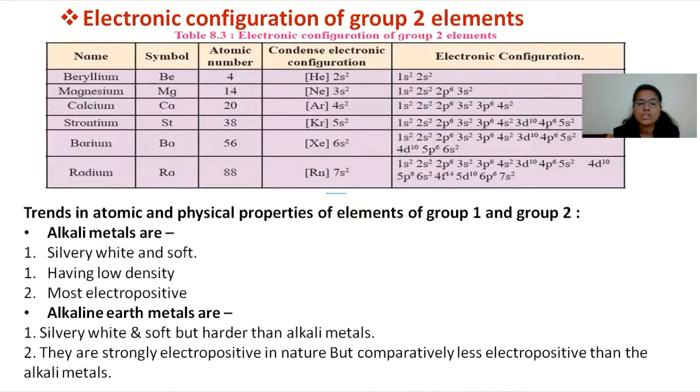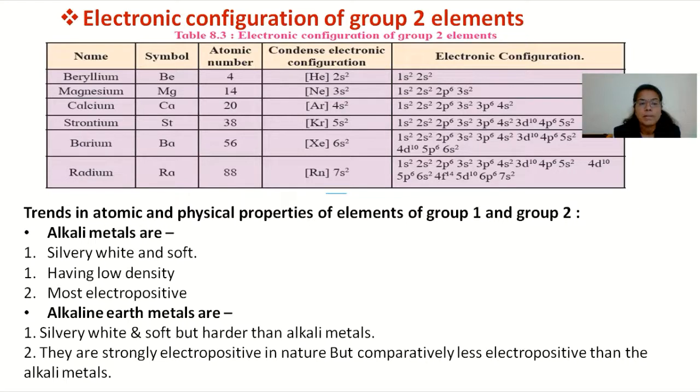Now electronic configuration of group 2 elements. The elements are beryllium, magnesium, calcium, strontium, barium, and radium. These elements are present in group 2.